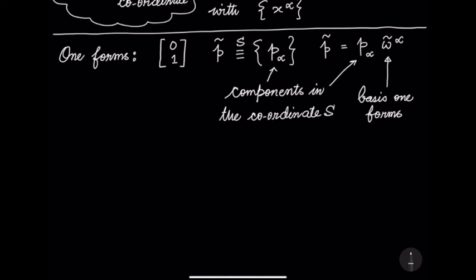in the coordinate system S, and this is essentially the one forms. One forms are mappings from a vector to a scalar.